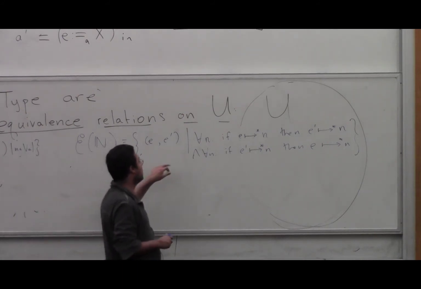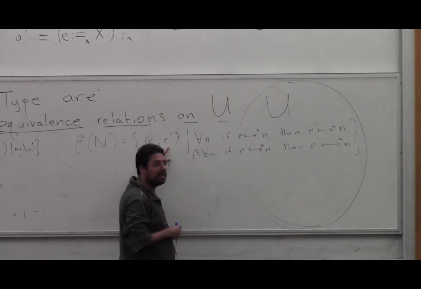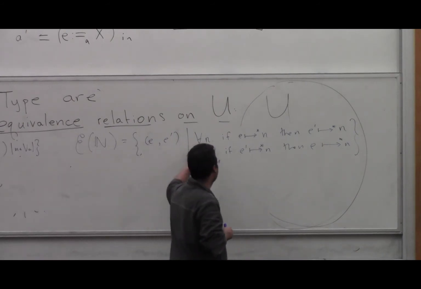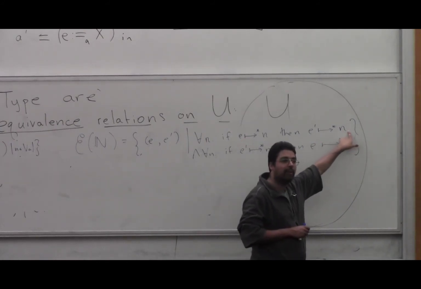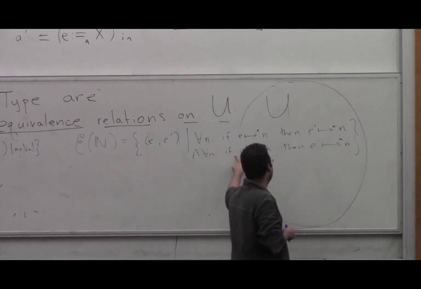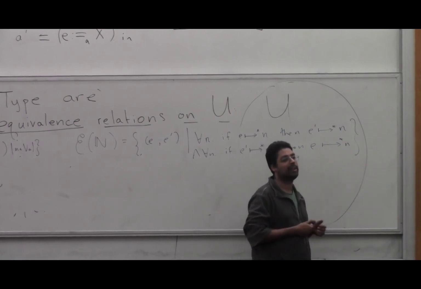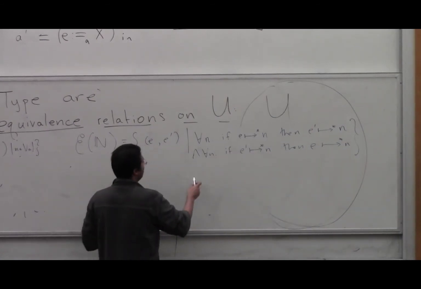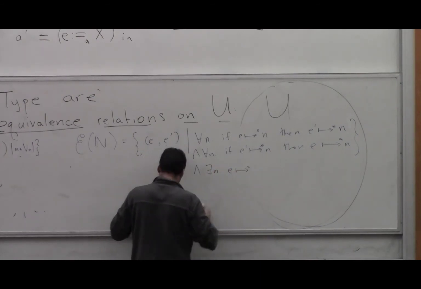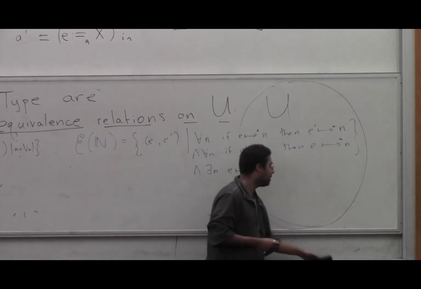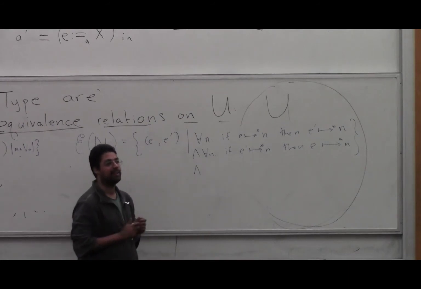So right now we're saying we've got E and E prime, and we're saying anything that E can do, E prime can do. And furthermore, anything that E prime can do, E can do. And so that's sort of the definition. And you might also want to say that these expressions only evaluate to numbers, for instance.